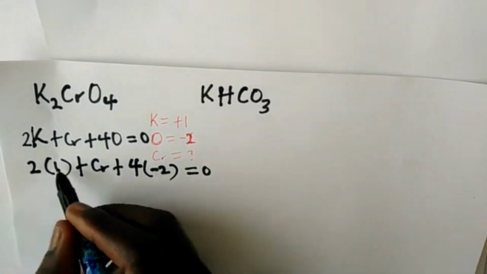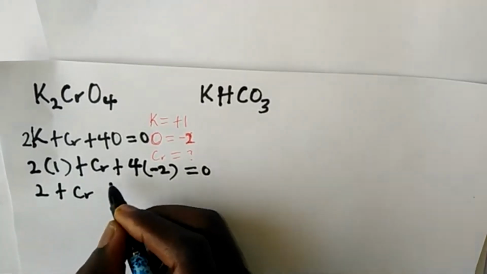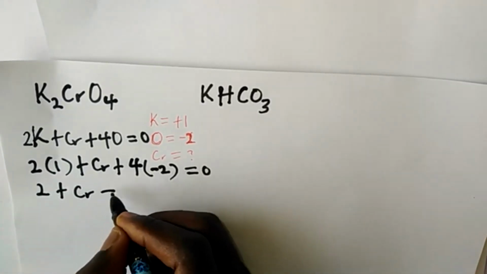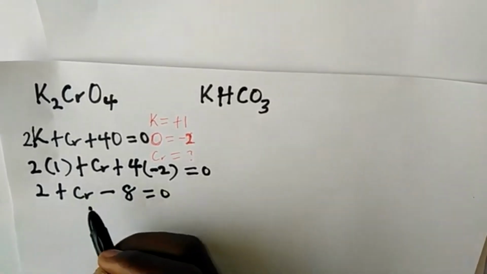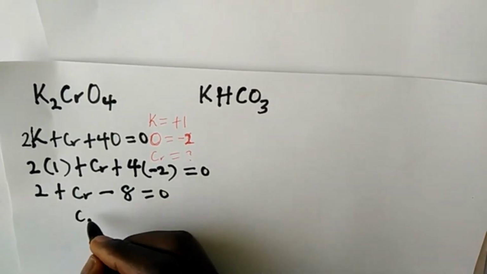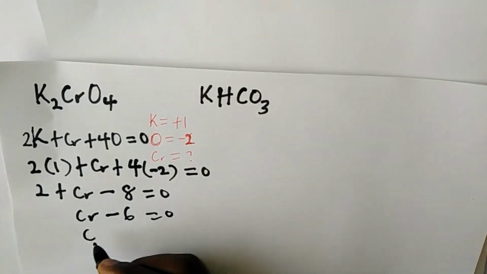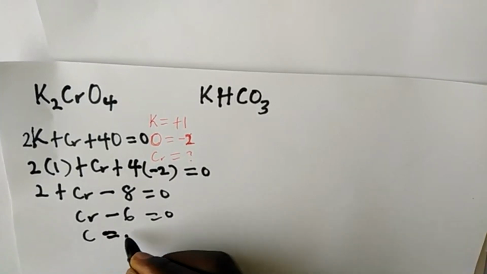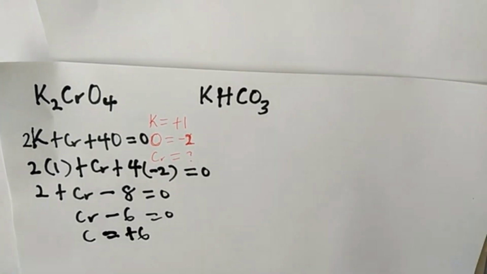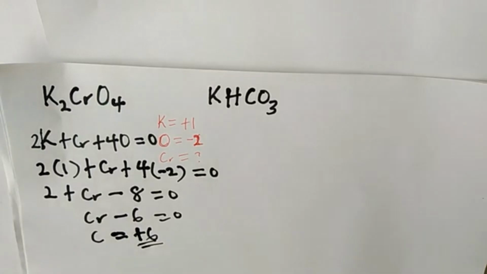So we say 2 times 1 is 2 plus chromium -8 is equals to 0. Now 2 minus 8, we have chromium -6 is equals to 0. Chromium is equals to +6. Right? So this is going to be the oxidation number of chromium.